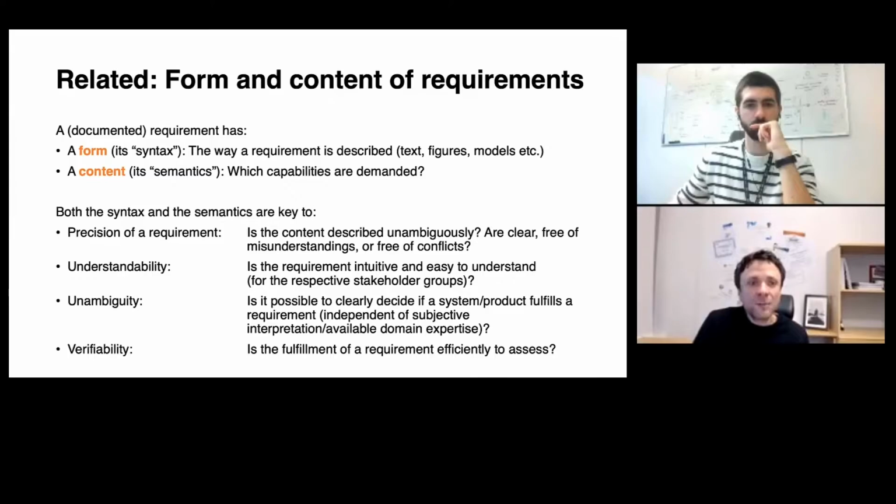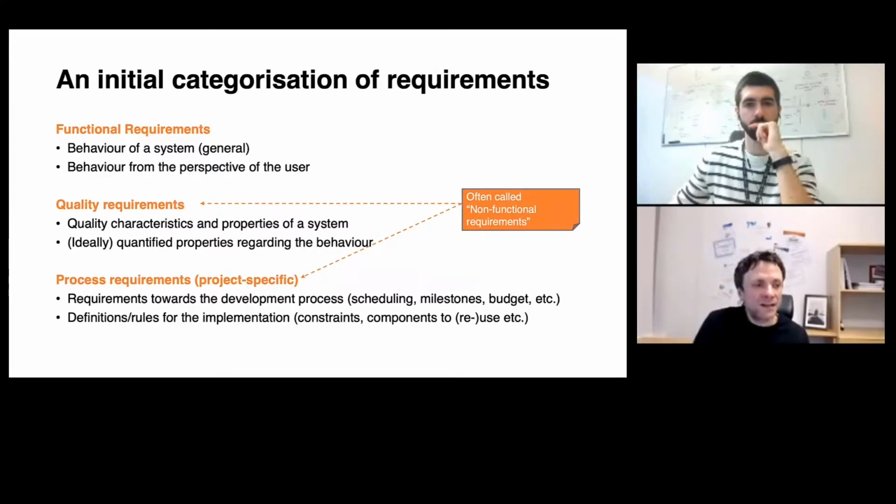Now, let's talk about requirements classes. The easiest way of distinguishing different requirements classes, and this is also the most common way, is to distinguish between functional requirements and non-functional requirements. Functional requirements are requirements that describe the user-visible behavior of a software system, so all the functions or functionality that a software system shall provide.